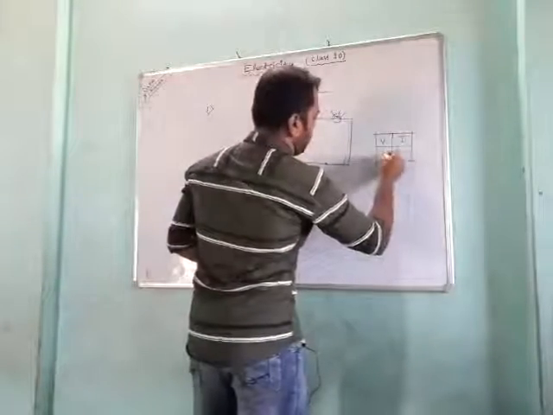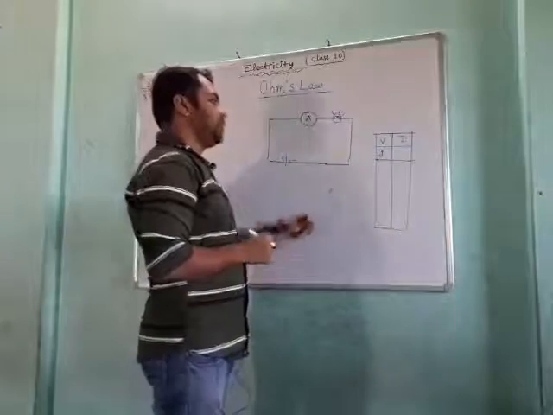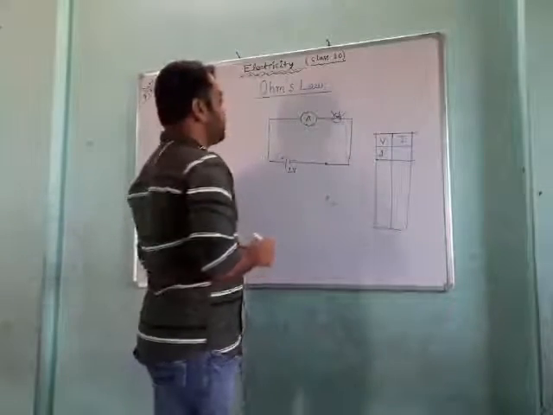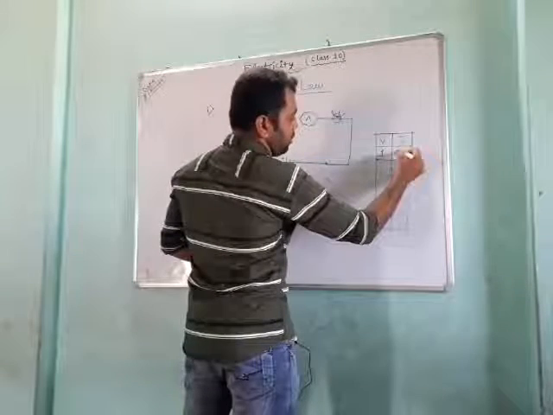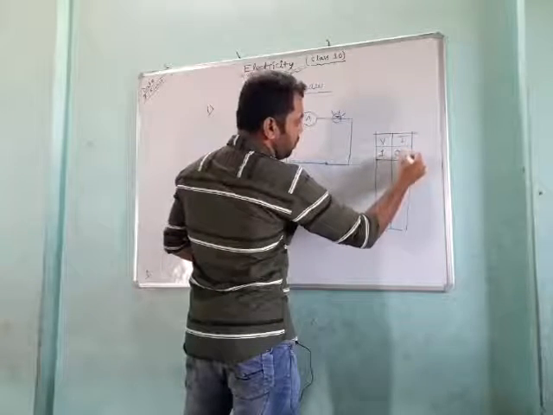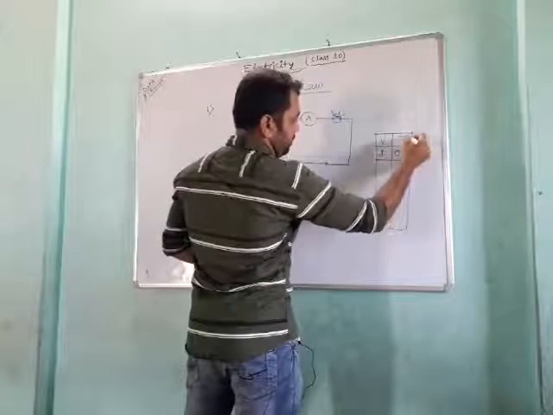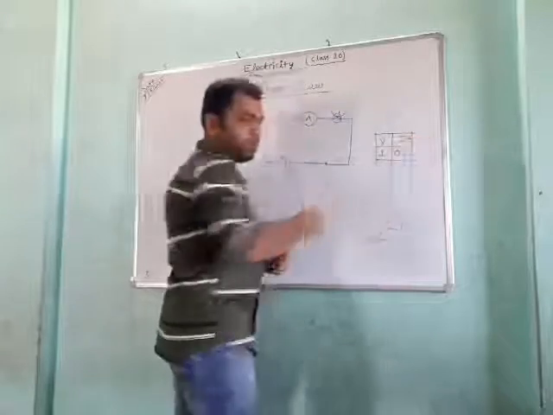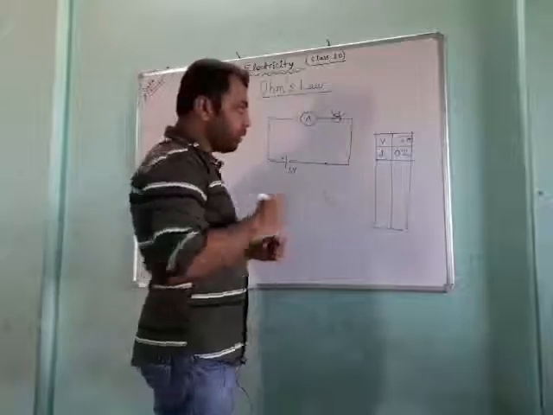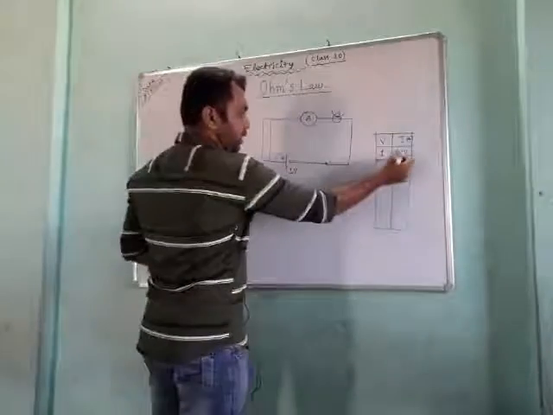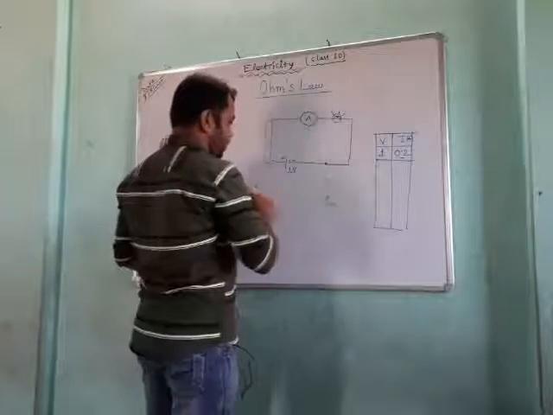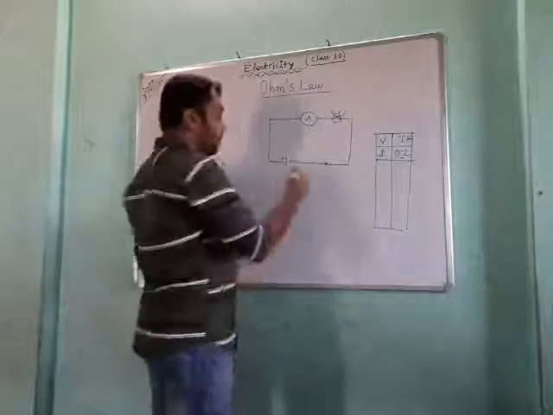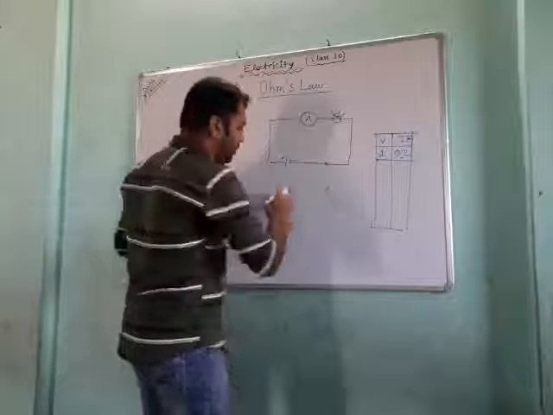So first we apply 1 volt battery, so it is 1 volt potential difference. Say we get a current of value 0.2 ampere. Current is measured in the unit of ampere.